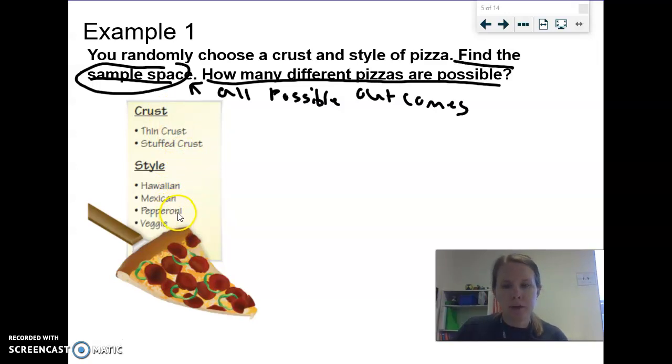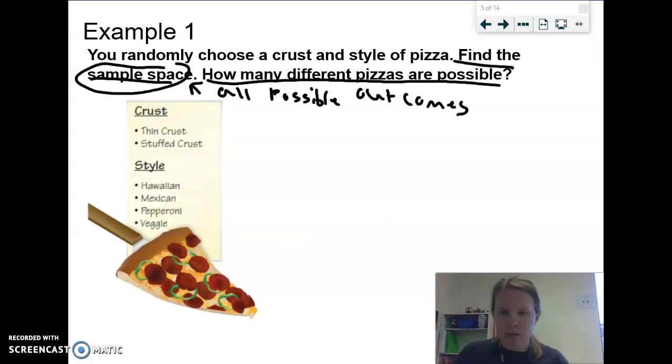One way we can figure out our sample space is by setting up a tree diagram. In your tree, you set it up like you're doing roots. I'm going to put this into 2 different parts first because there are 2 different crusts. We have a thin, which I'm just going to label as T, and a stuffed crust as S. So right now you have 2 different possibilities on your crust.